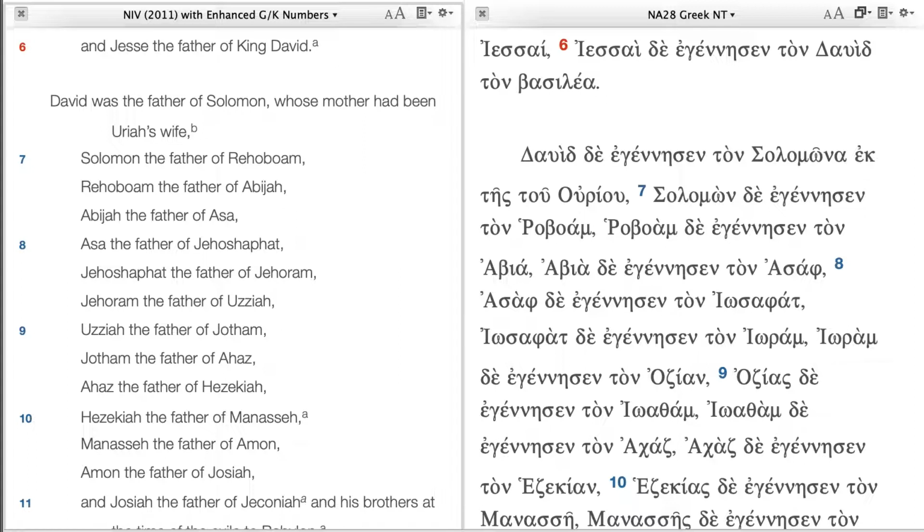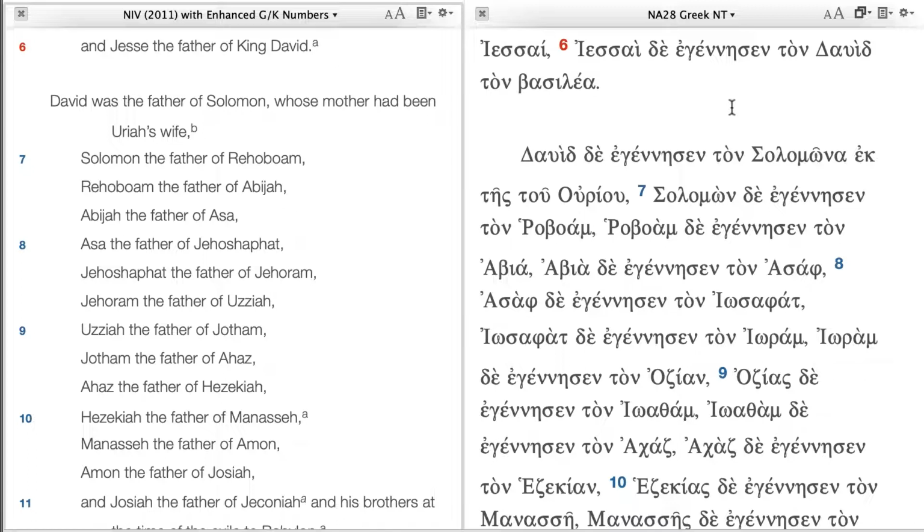David was the father of Solomon, whose mother Bathsheba had been Uriah's wife. Now, Bathsheba, you'll see over here, her name does not appear in the Greek text, but he argues that it's perfectly fine to add Bathsheba because her name is implied by the text. And it's normal in genealogies to list the actual names, and so we should add the name.